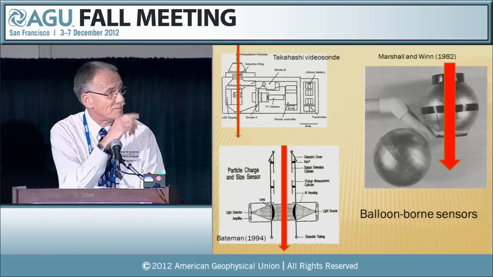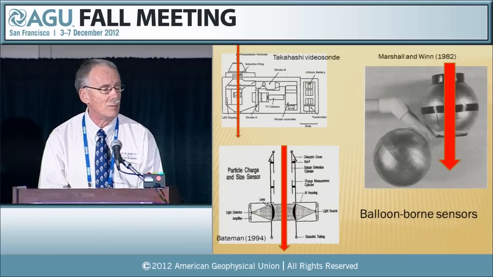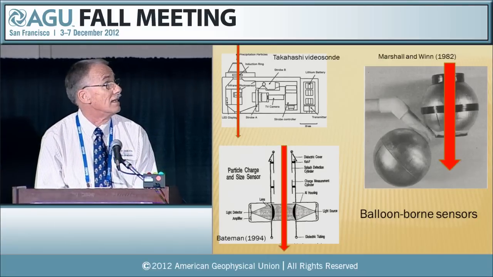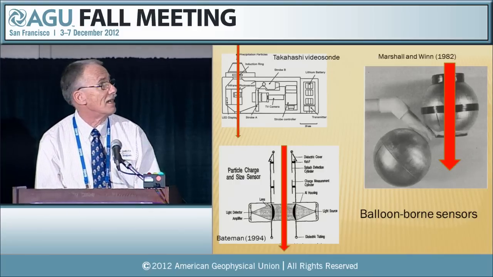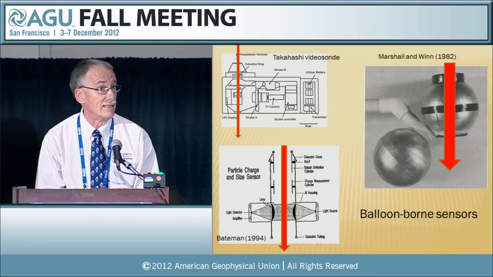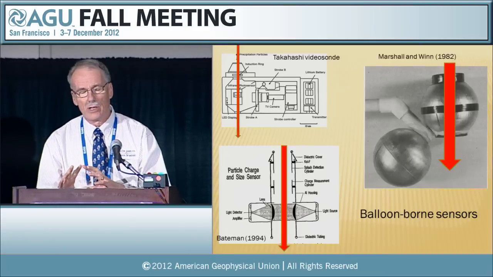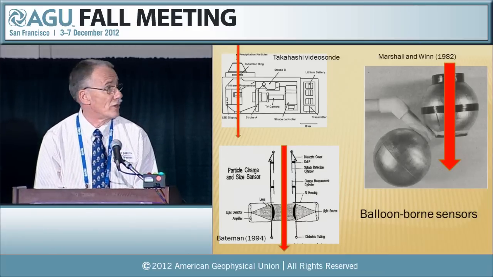There have historically been a number of efforts to measure charge on particles in thunderstorms. The upper left is Professor Takahashi's video sonde, and he can launch that on a balloon and get a video image of particles as well as an indication of the charge.